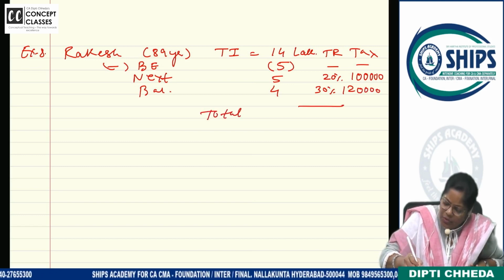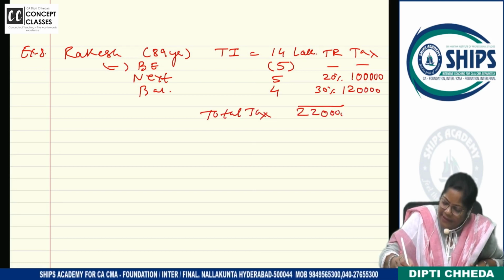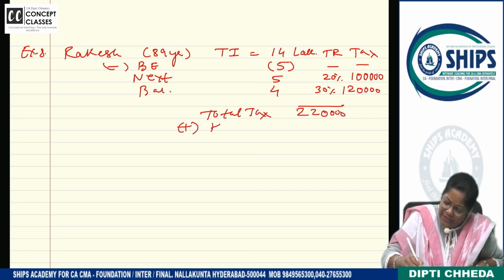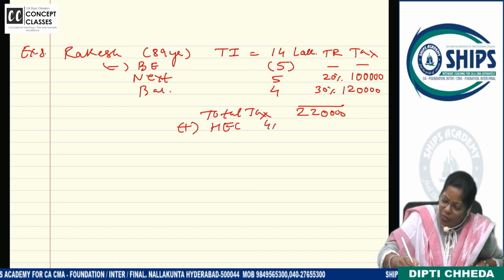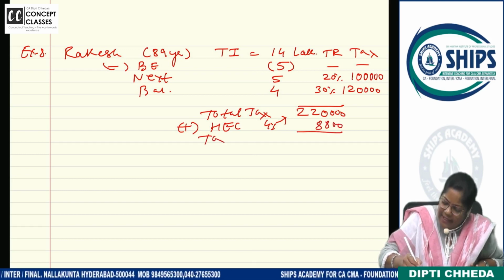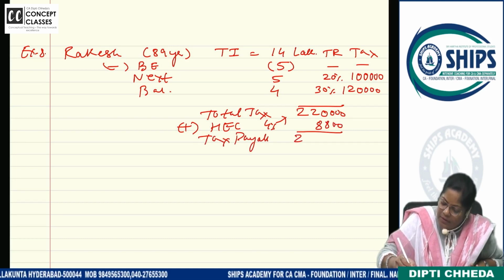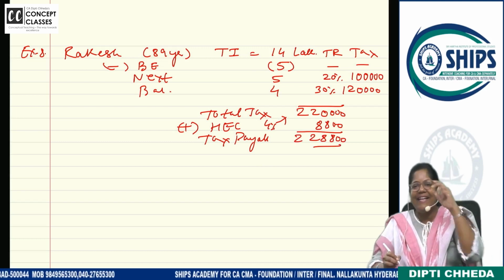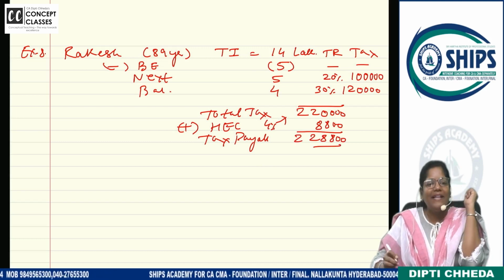What is the total tax? 2,20,000. On that HEC 4%, 8,800. So what is the tax payable? 2,28,800. Clear? Super clear or not?